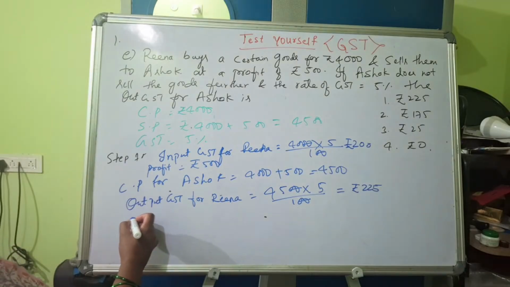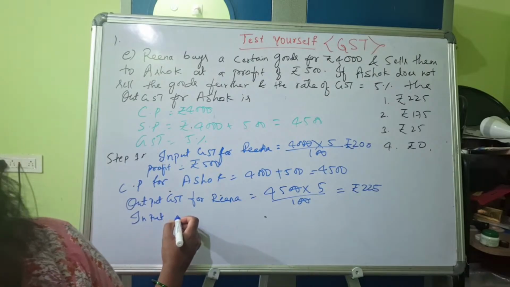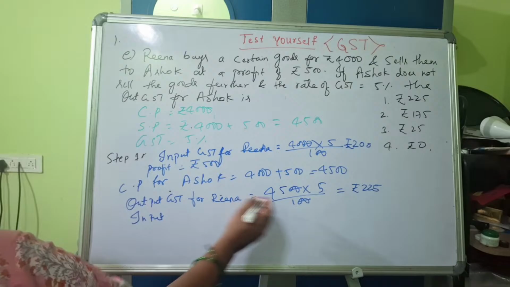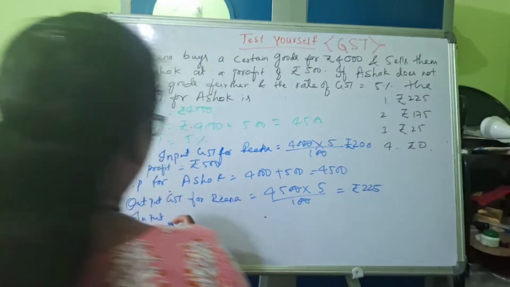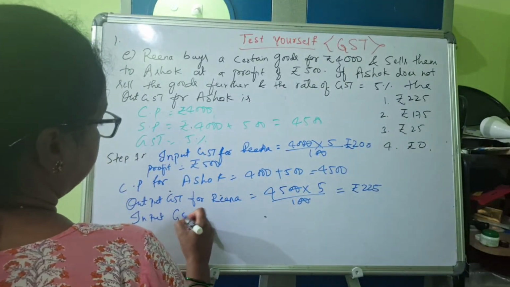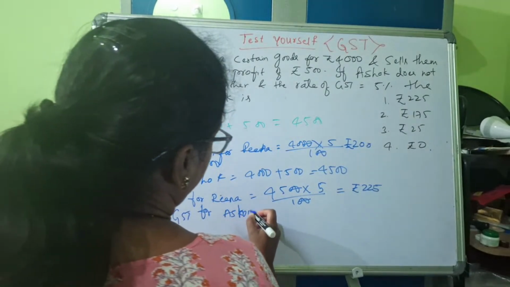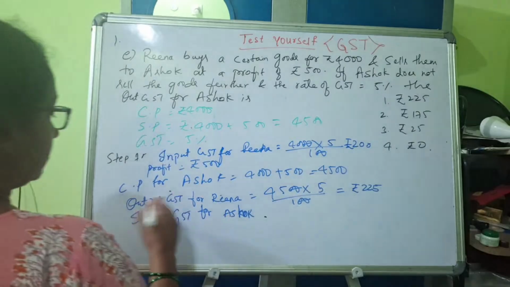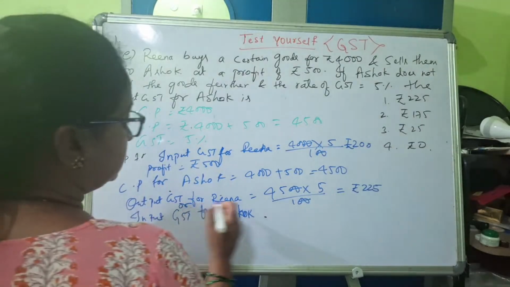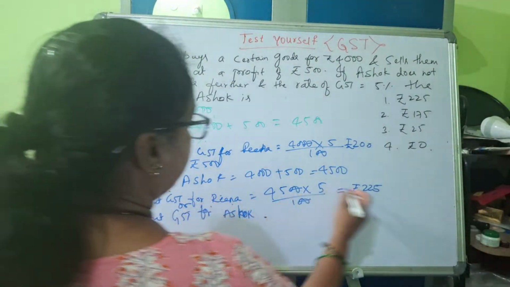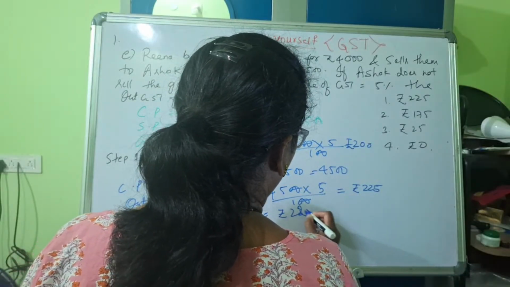So this is the output GST for Reena, or input GST for Ashok. So input GST for Ashok is also rupees 225.